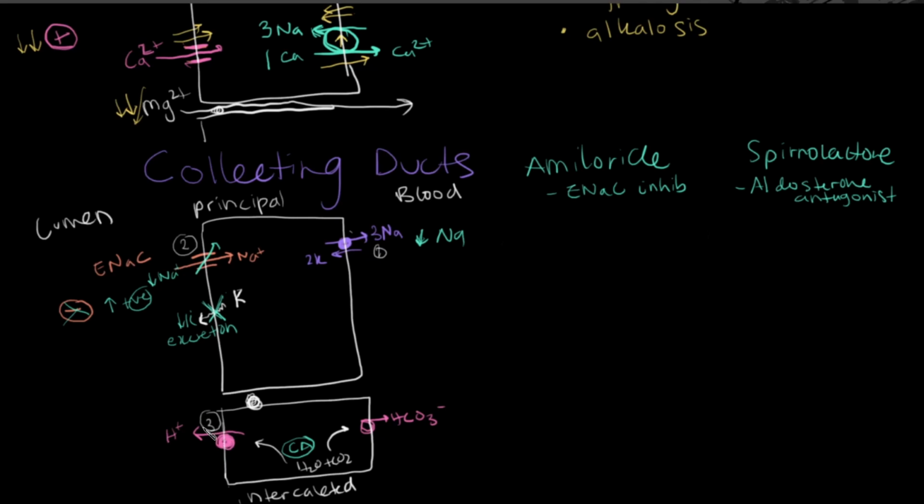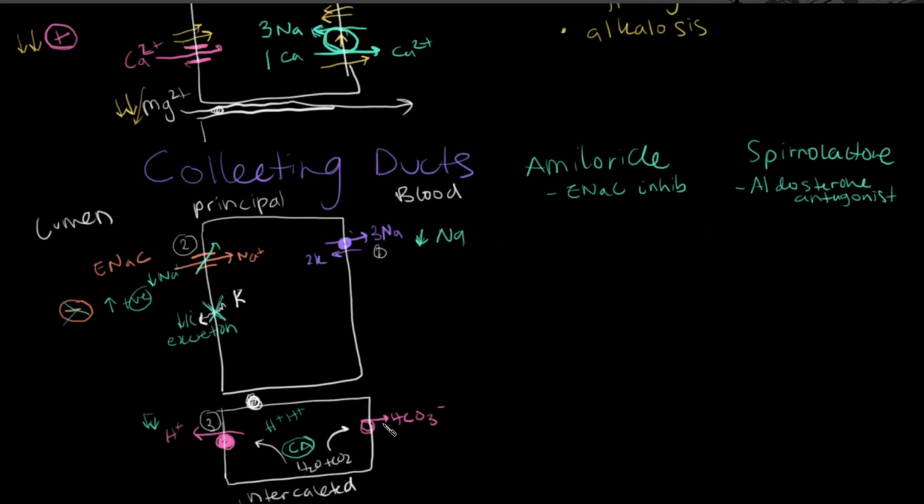And lastly, not to forget, this important H-ATPase, the hydrogen ATPase, is going to decrease the amount of acid you secrete. So if we secrete less acid, that means with the carbonic anhydrase here, there's going to be more hydrogen filling up this cell. And this carbonic anhydrase works on a dynamic equilibrium.